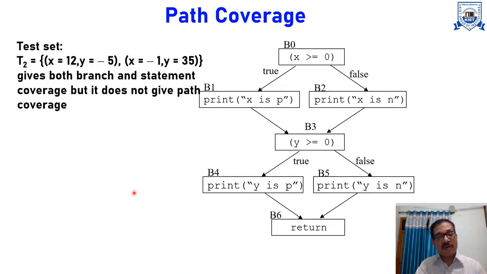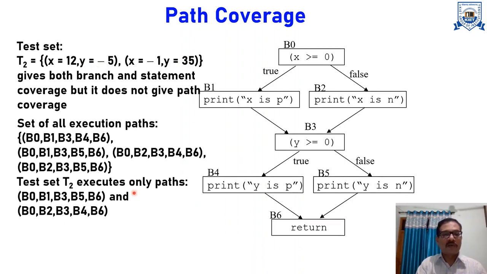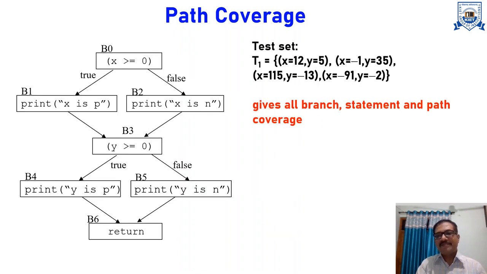Then what do we have to do? Look here. Test set T2 executes only these two paths, though we have 4 different paths from B0 to B6, where B0 is the initial node and B6 is the final node, right? So I have to add two new test cases here.